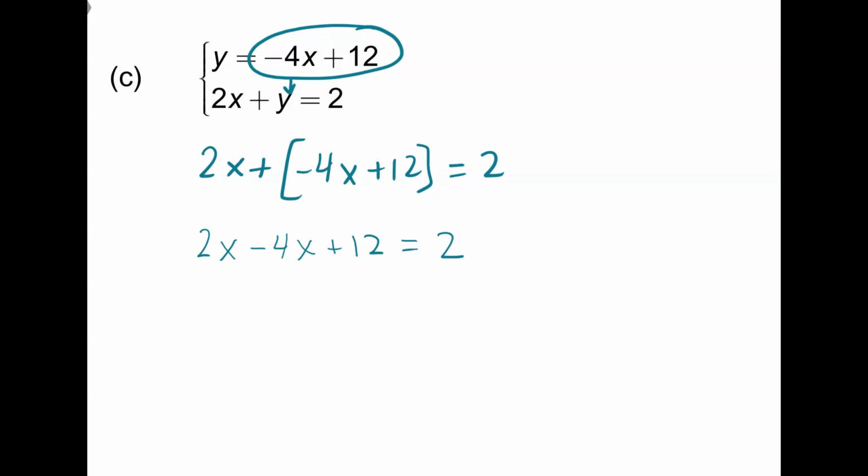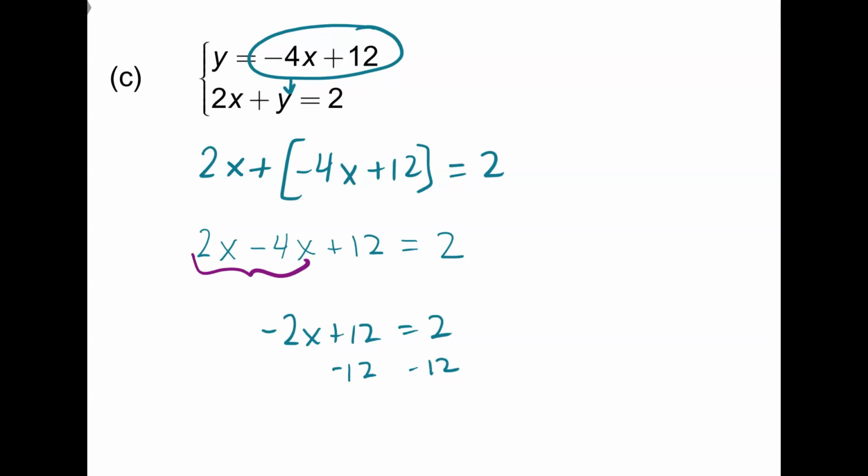Okay, so let's go ahead and combine these. 2x minus 4x is -2x. Okay, so -2x plus 12 equals 2. Gotta subtract 12 on both sides because I'm really trying to get x by itself. What I first did was combine like terms.